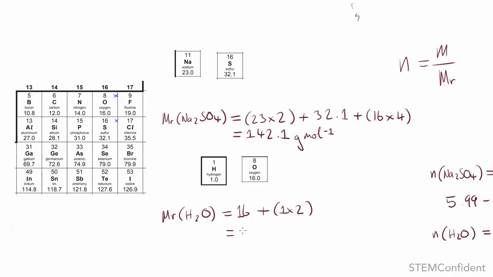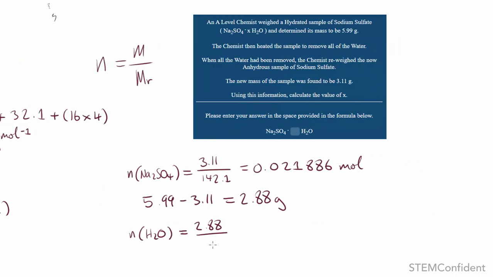That effectively gives you 18, and the units of that are grams per mole. So it's going to be divided by 18. Now, if you work that out, we should find that you get 0.16, and that is going to be in moles.